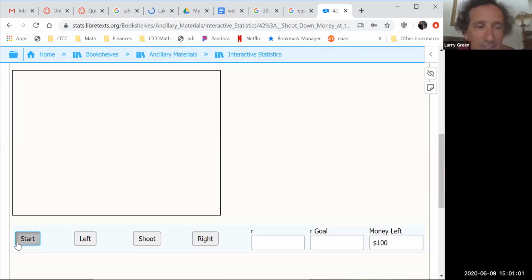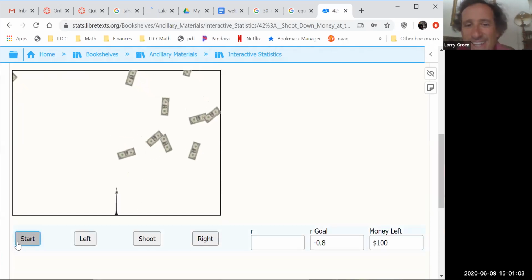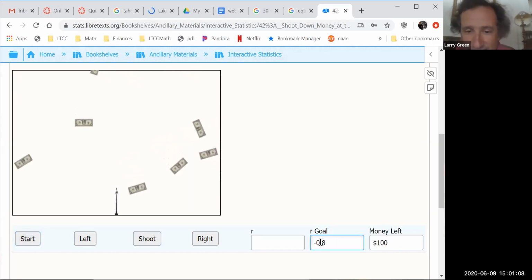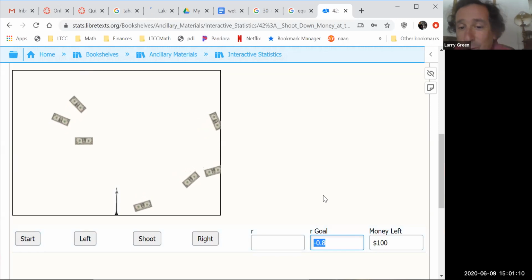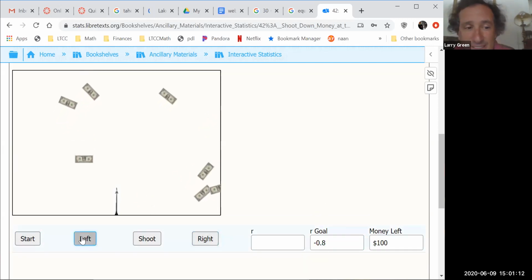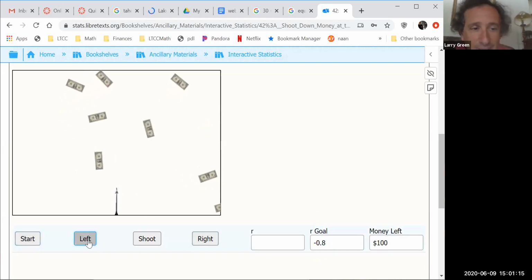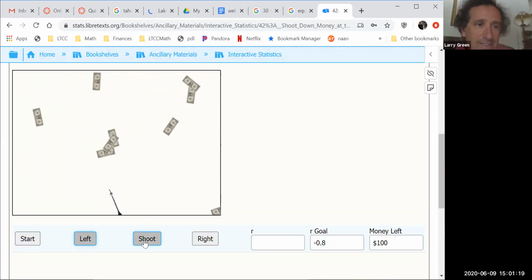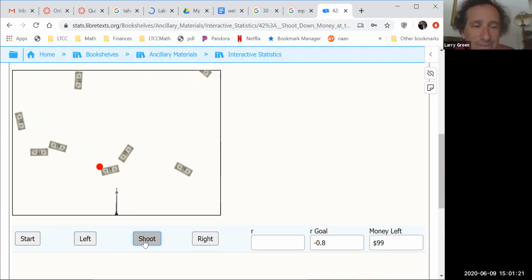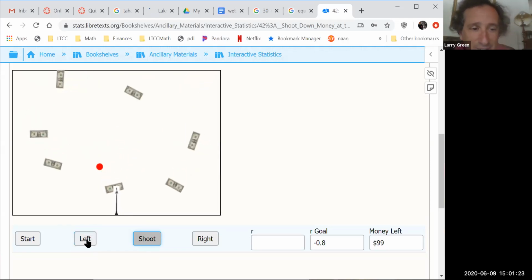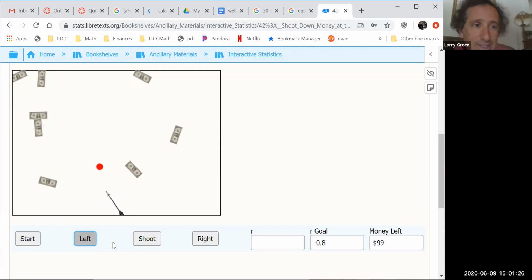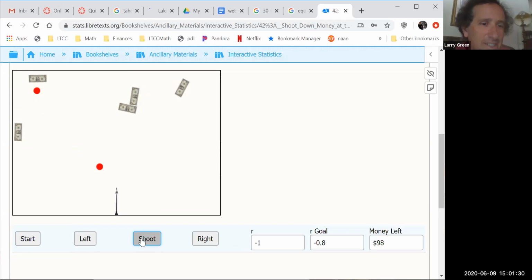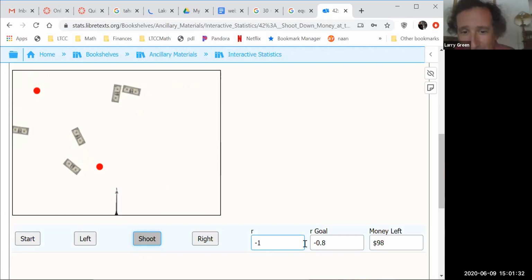So I'm going to hit start. And notice our goal here, which is different for you guys, by the way, is negative 0.8 for the correlation. So I am going to move my arrow a bit. I'm going to shoot. And I need to shoot some more. Okay, notice my R is -1.